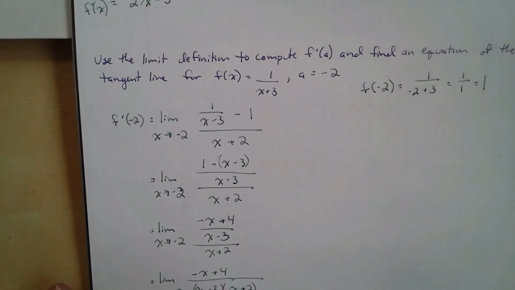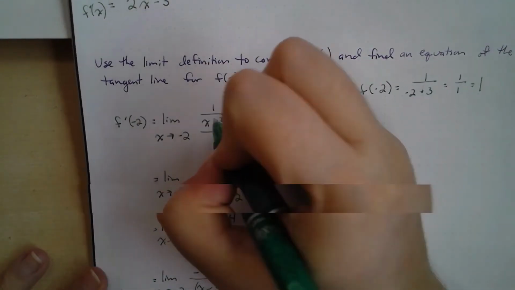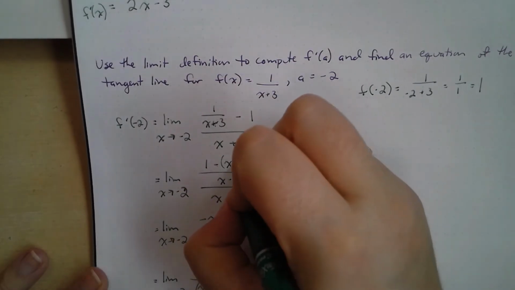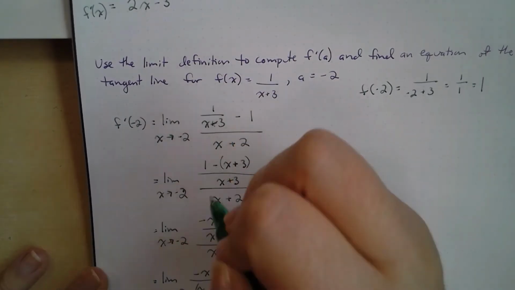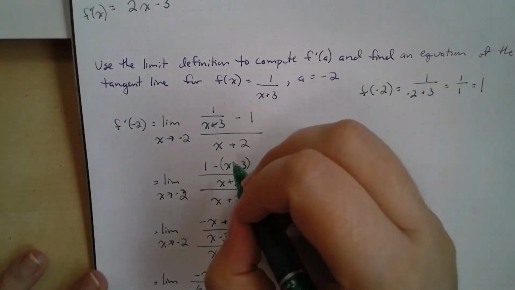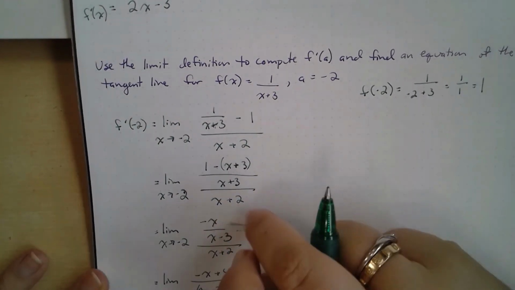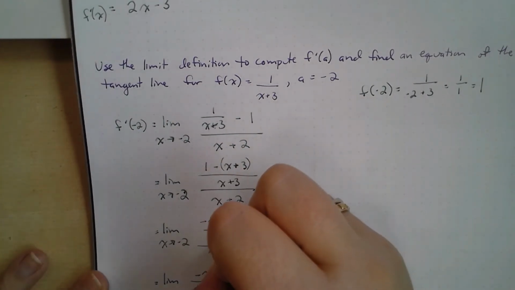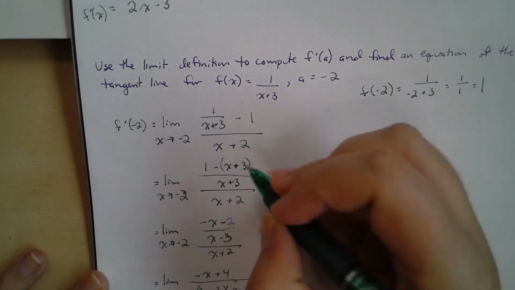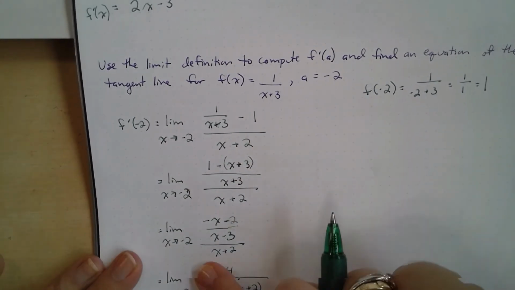Okay, I found my mistake. So actually, this should be plus 3. So 1 minus positive 3 will become a negative 2, right? So now, this all gets erased down here.